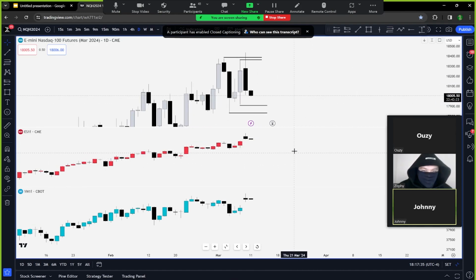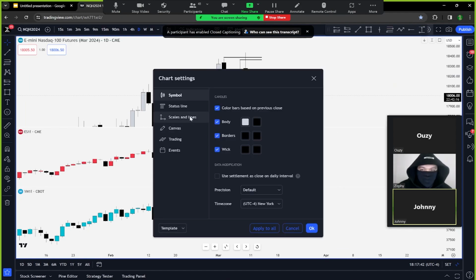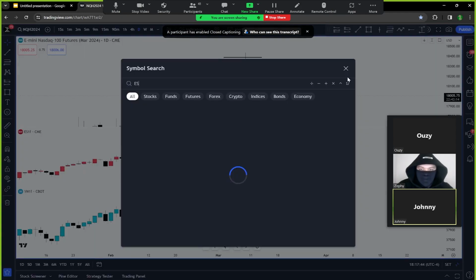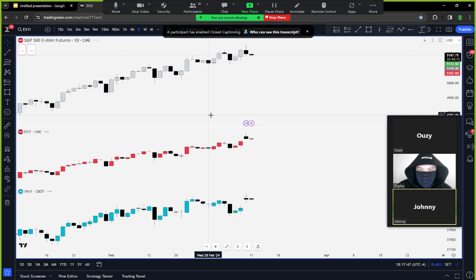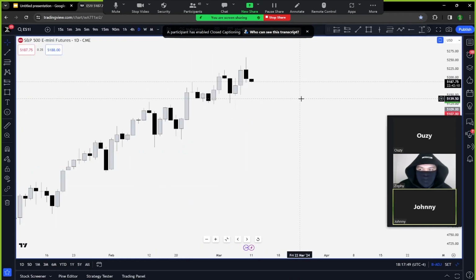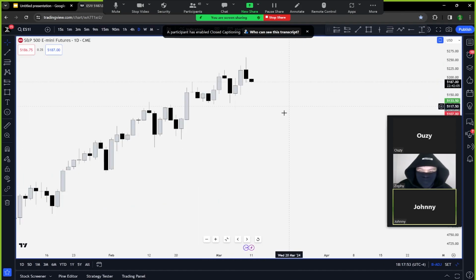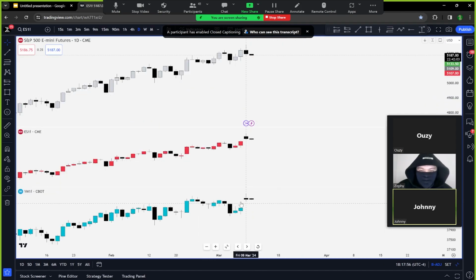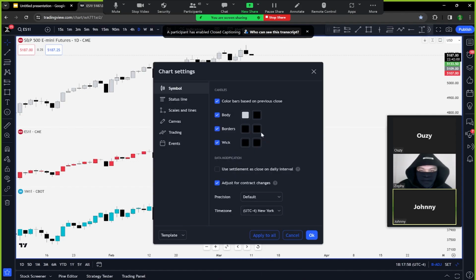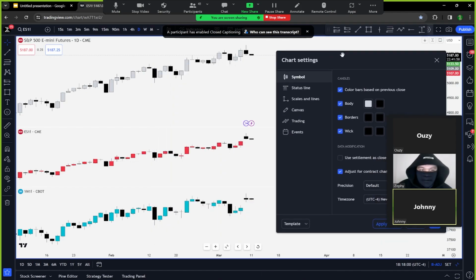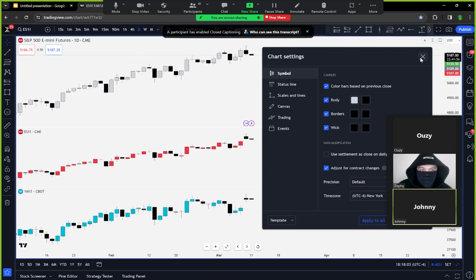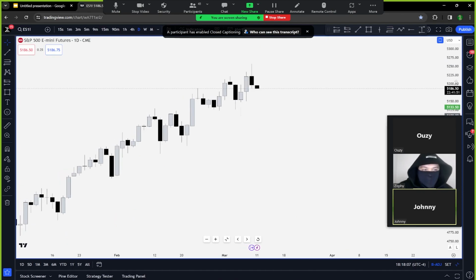Right click it, go to settings, and go to symbol, on ES. See, now it's normal. I don't know why this chart is like that. That's weird.